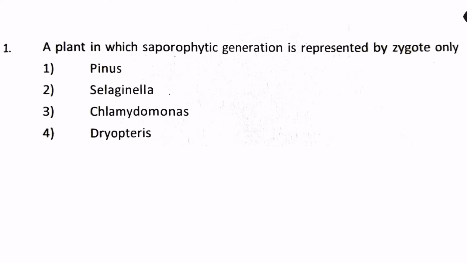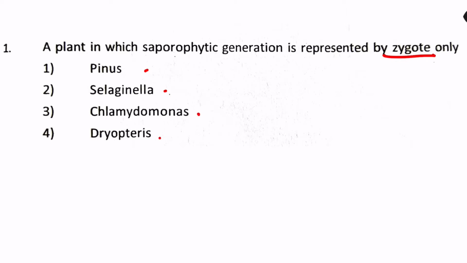Here, a plant in which sporophytic generation is represented only by a zygote. Okay, so here Pinus is given, which is a gymnosperm, Selaginella a fern, Chlamydomonas an alga, and Rhynia another fern.